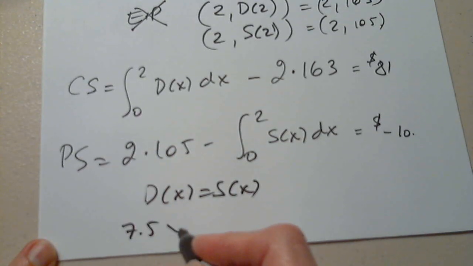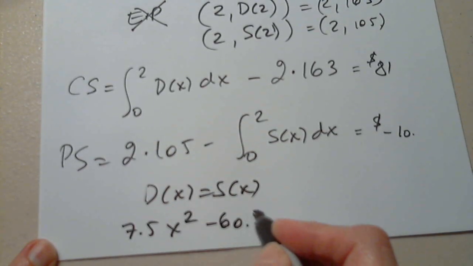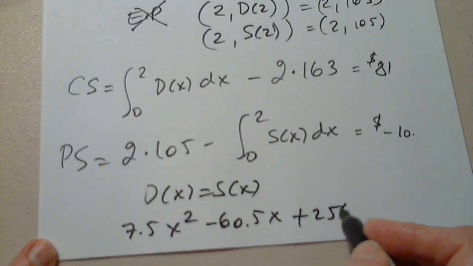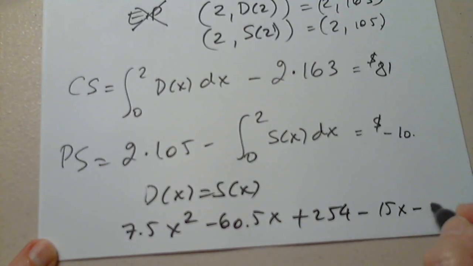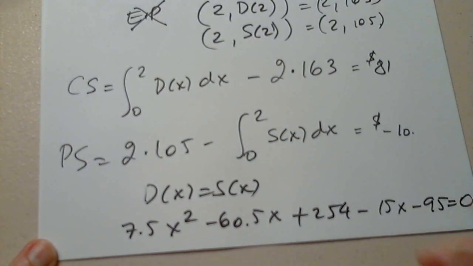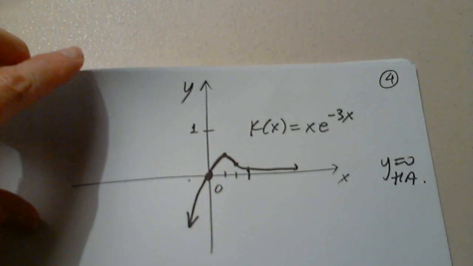So 7.5x squared minus 60.5x plus 254 minus 15x minus 95 equals 0. And I have to combine like terms. Let's see what we have.